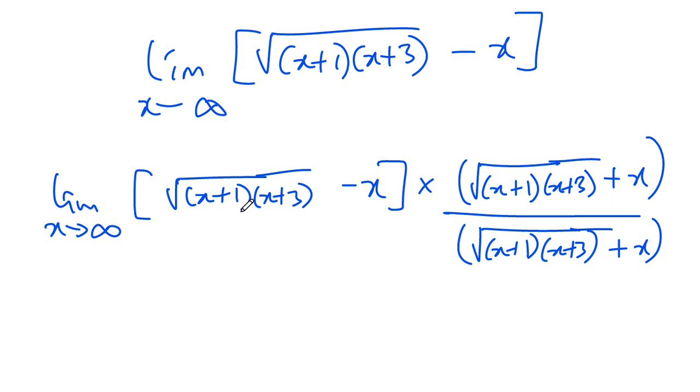We know that if you multiply a minus b by a plus b, it gives us a squared minus b squared. So doing that is going to eliminate the roots that we have there.